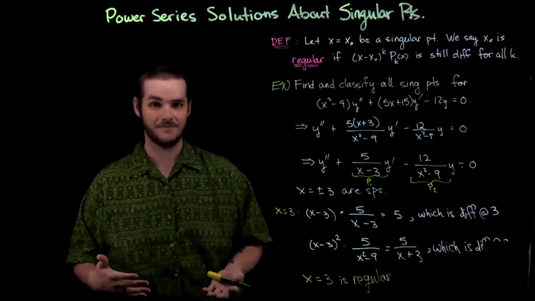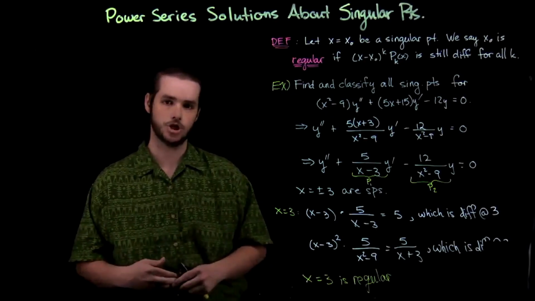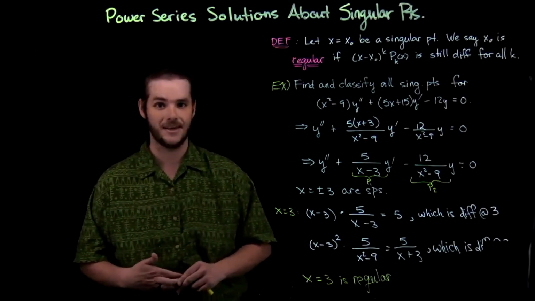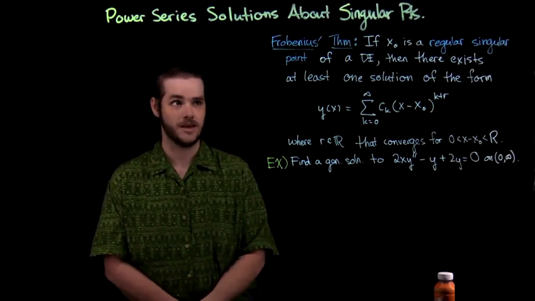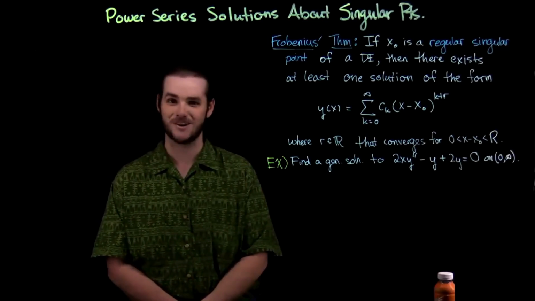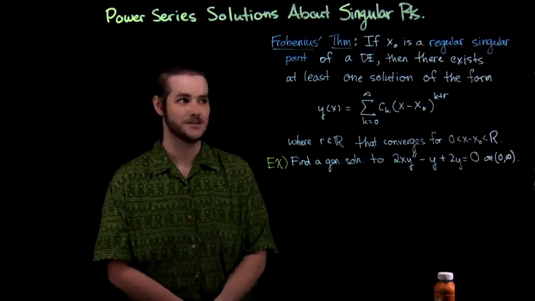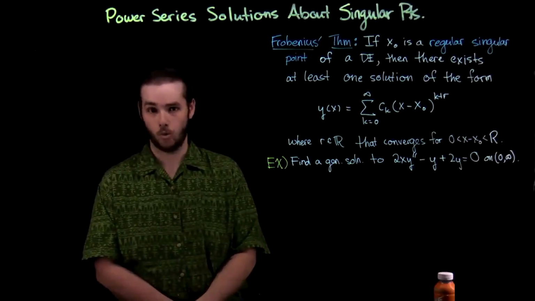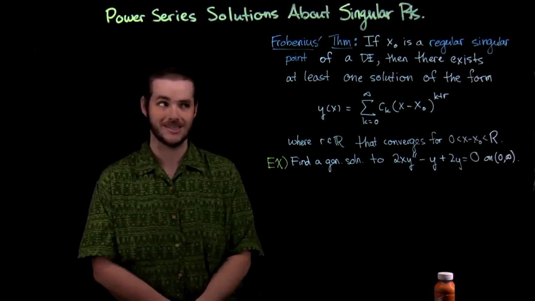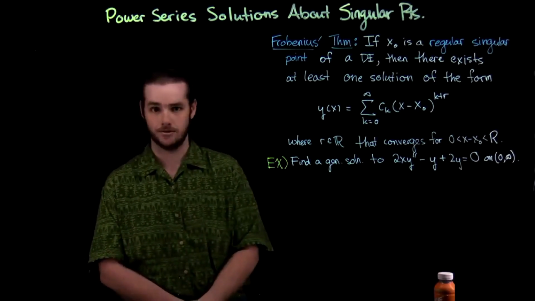I'd encourage you to pause the video here and check to see if you can show that negative 3 is in fact irregular. Frobenius' theorem, which, no shade, but that is one of the most egghead names out there, I think. Frobenius' theorem says that we still actually have at least one power series solution centered at regular singular points.